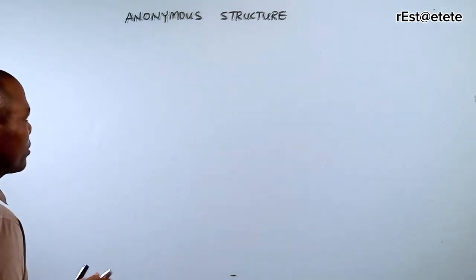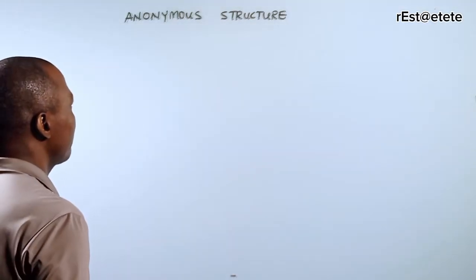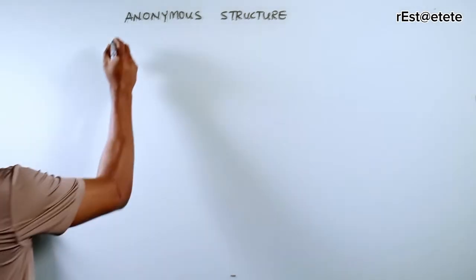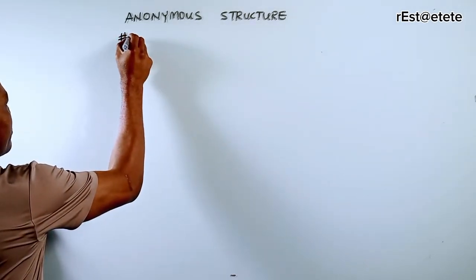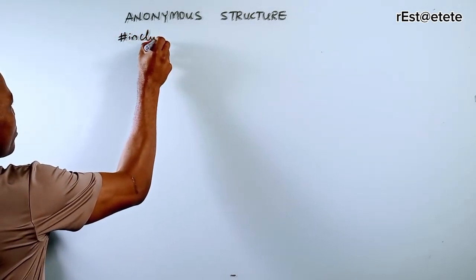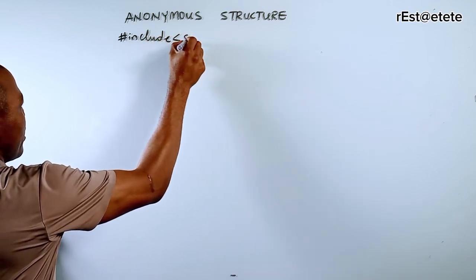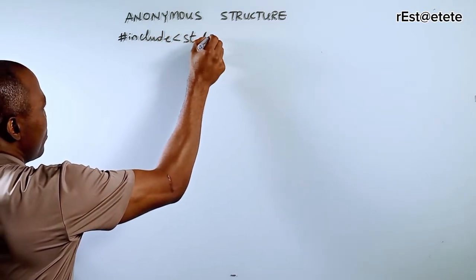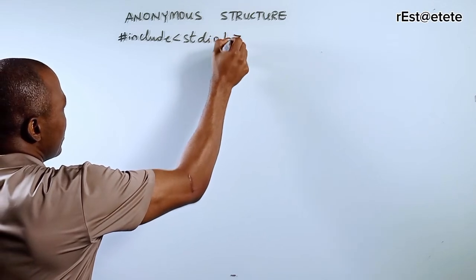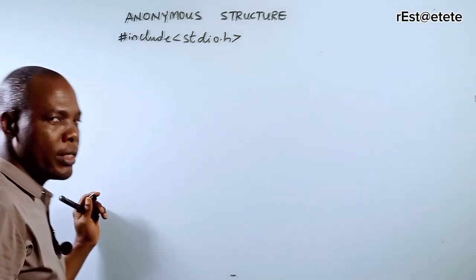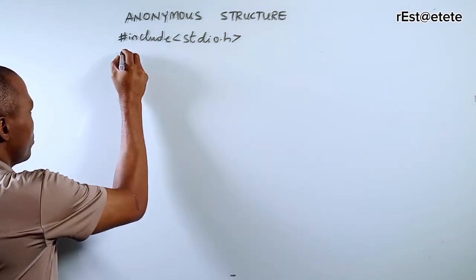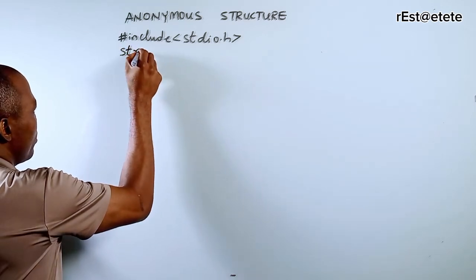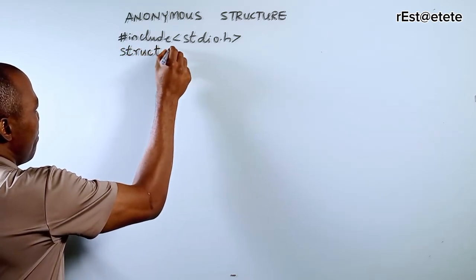So let's write a program to demonstrate that. Same thing, we say include stdio.h. Then I'm going to create the person structure. Using the struct keyword, struct person.